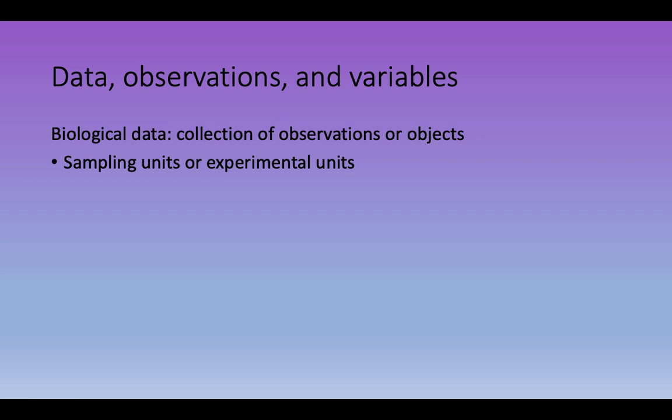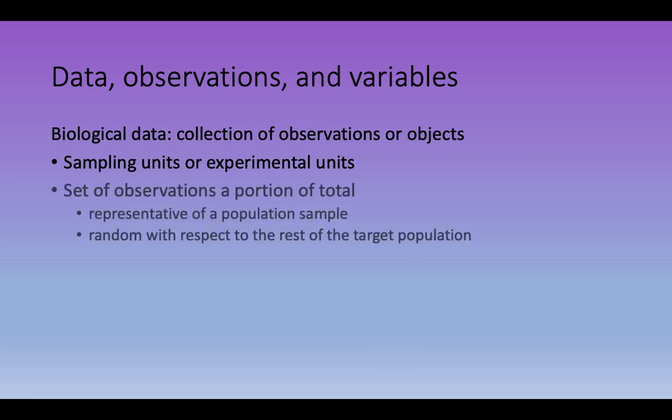We might have sets of observations that are a proportion of the total. We're not sampling all the forests, we're just sampling certain regions, so we end up with a representative sample. Hopefully we think of this sample as representative, like a random piece of everything else that is out there.